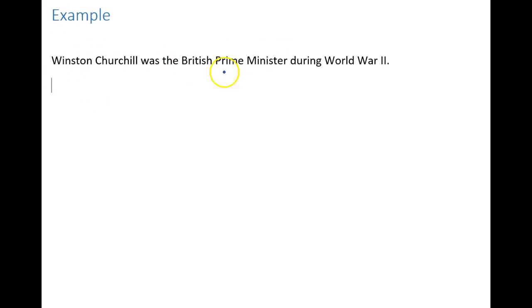It's a single statement. So you can pick a letter, whatever letter you would like, and put down that letter as a symbolization of this statement. For example, you can stipulate that A will stand for Winston Churchill was the British Prime Minister during World War II. You could have picked a different letter.